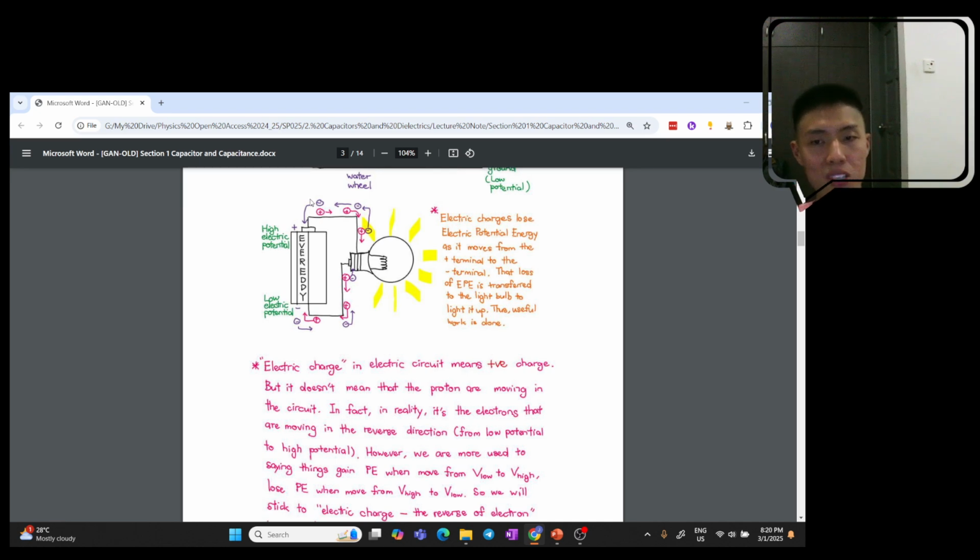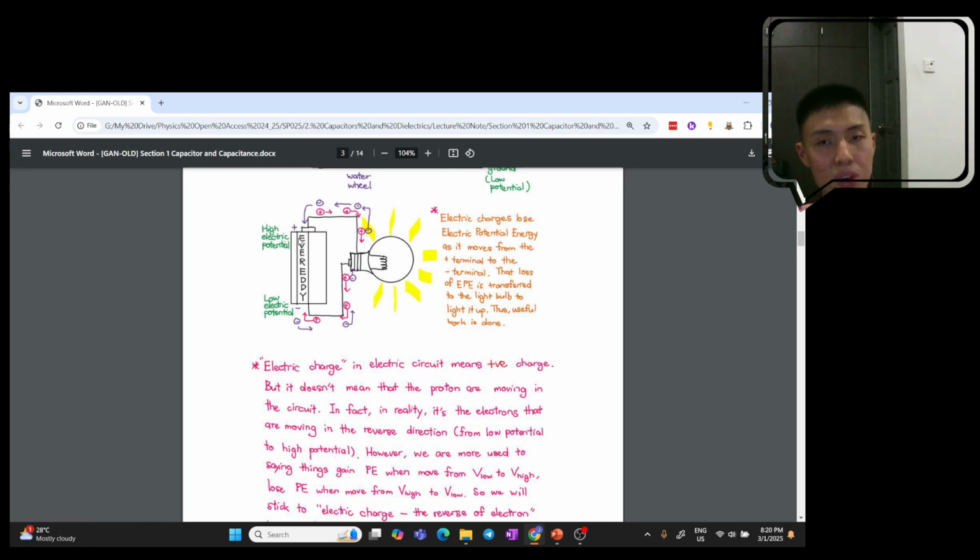So you can see that positive charge actually makes more sense to explain. If you want to explain in terms of negative electrons, it is still correct. It's the actual thing that happened, but it's so difficult to understand because it's not the way things behave in everyday life. So we switch to an imaginary thing that is moving in the opposite direction of the electron, so that we can see that as things pass through the battery from low to high, it gains energy.